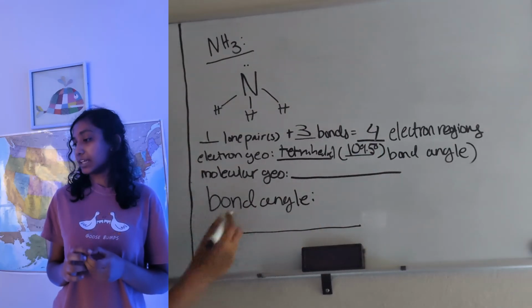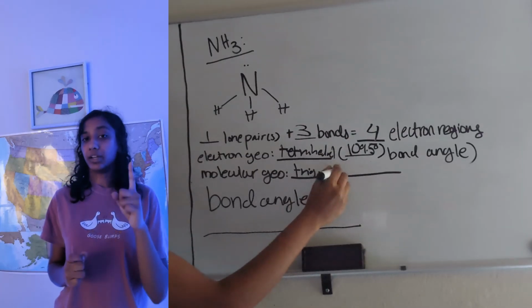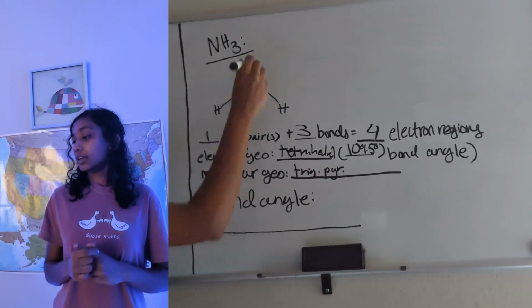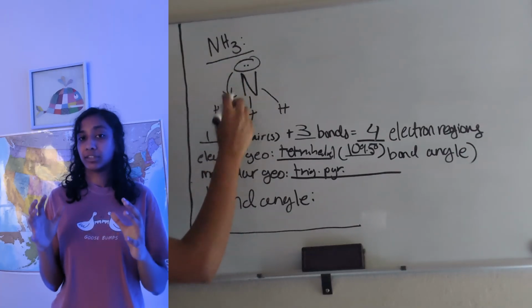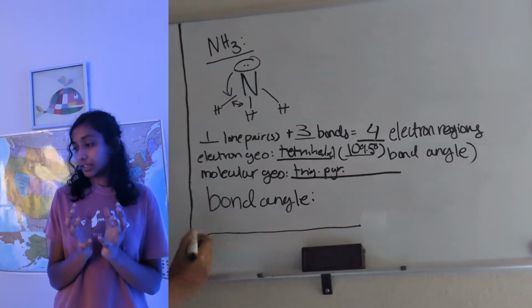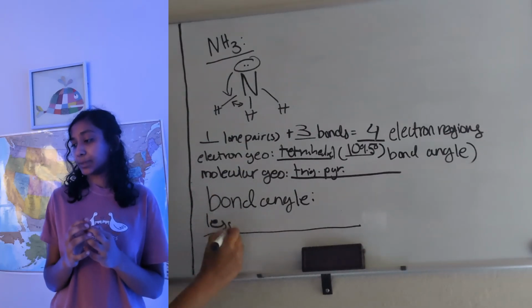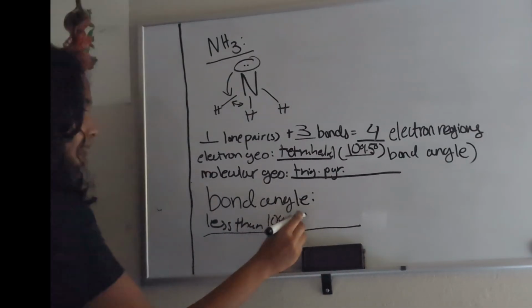However, NH3's molecular geometry is trigonal pyramidal because it has 1 lone pair. This 1 lone pair will repel the bonds away from itself, pulling the bonds closer together and decreasing their bond angle. So we can say that NH3's bond angle is slightly less than 109.5 degrees.